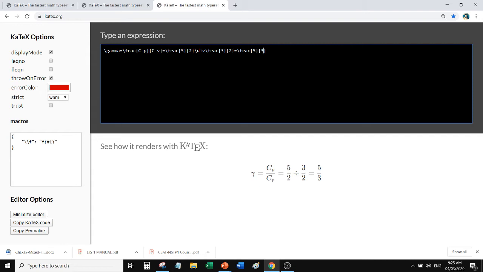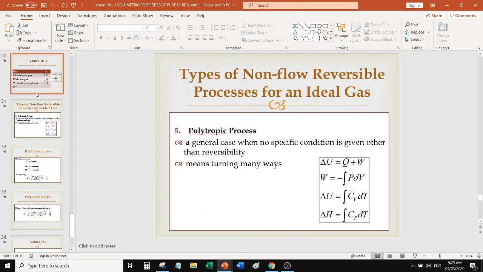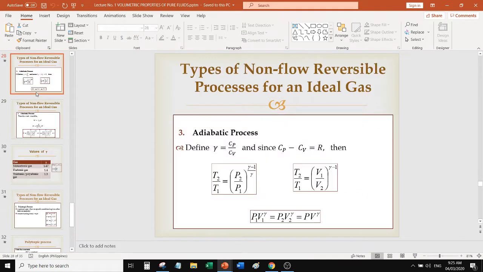Let's calculate for the intermediate volume. We may use the equations for adiabatic processes. We make use of this equation since we know P1, V1, and then P2.